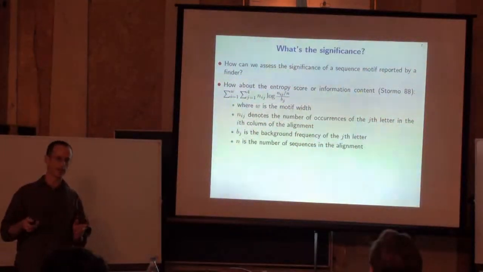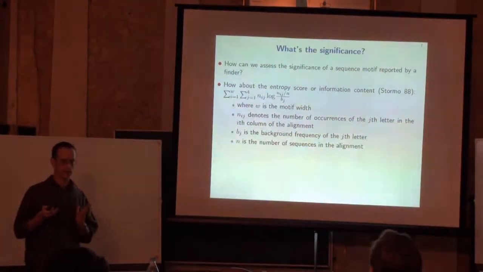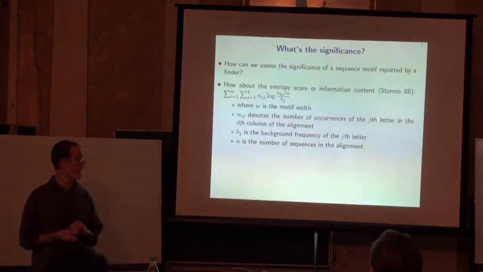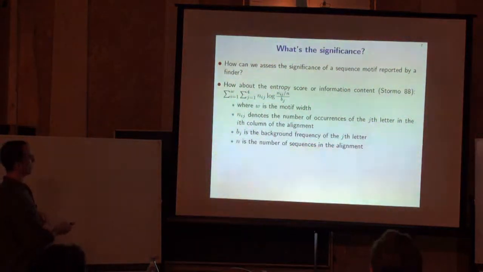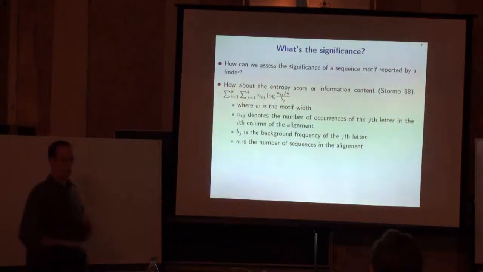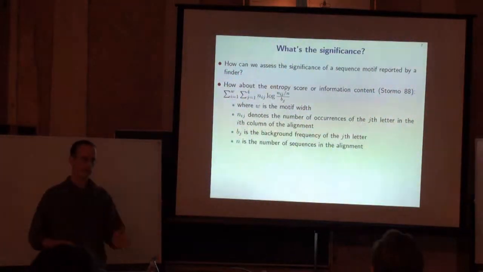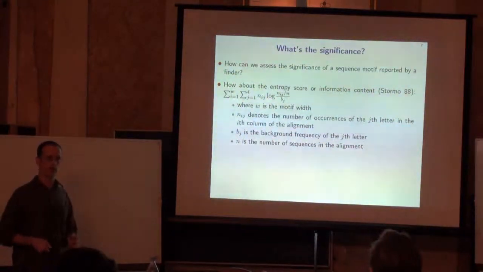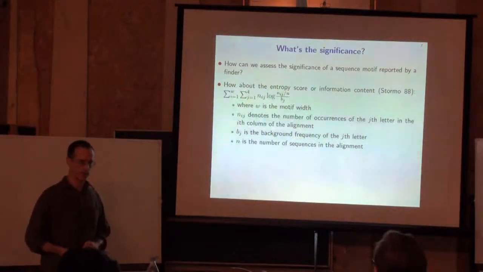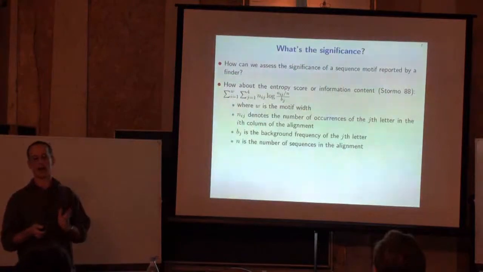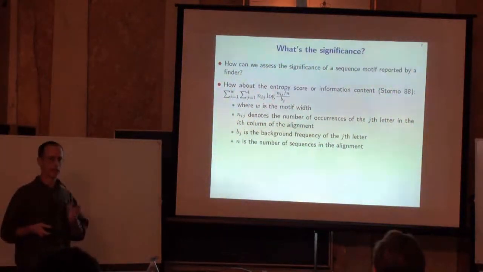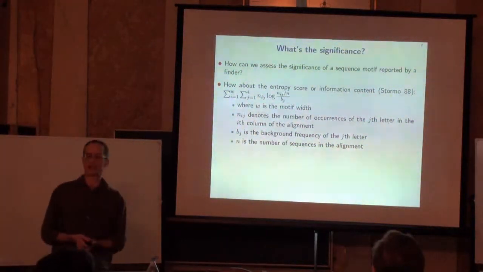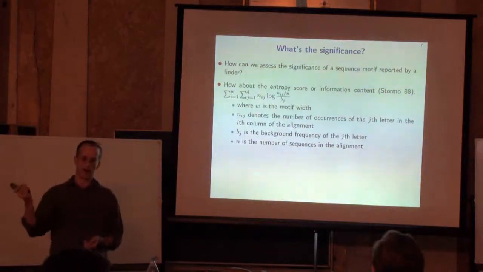What it really is, is a measure of the distance between the background frequency model and the observed frequency table of that column. Each column has its own frequency table, if you remember from the position weight matrix. And then you can ask, how diverged is the observed frequency table of that column from the background?